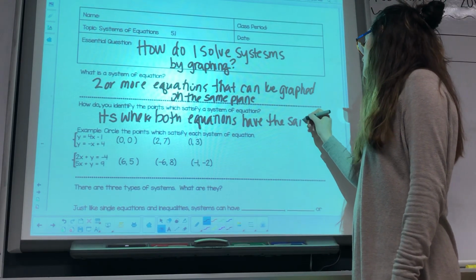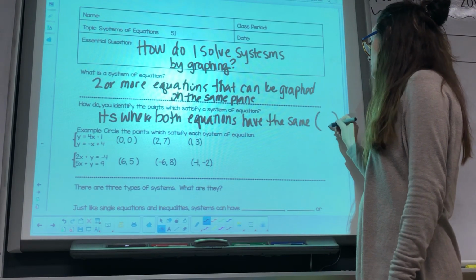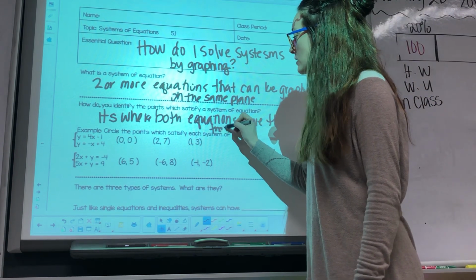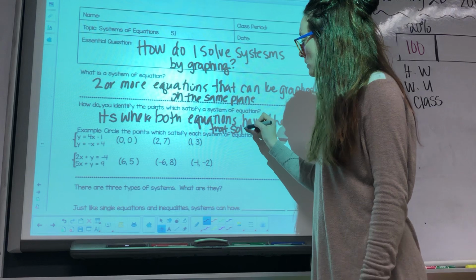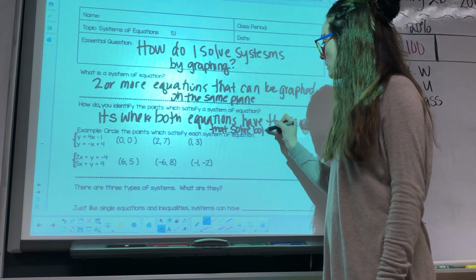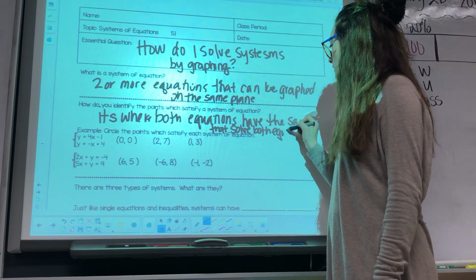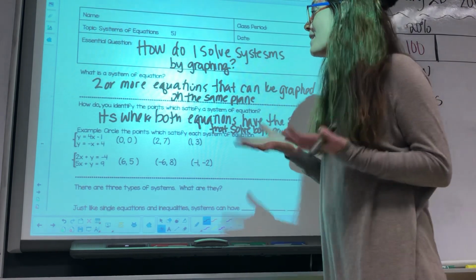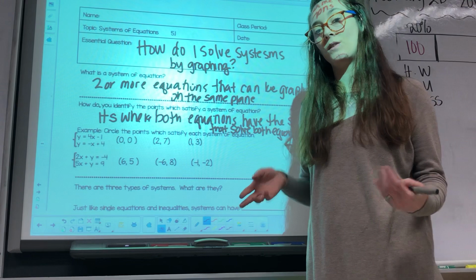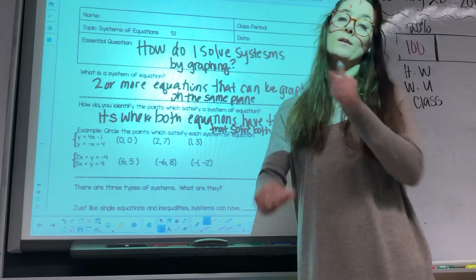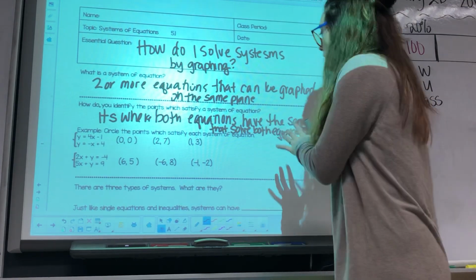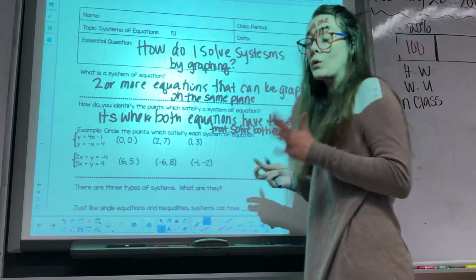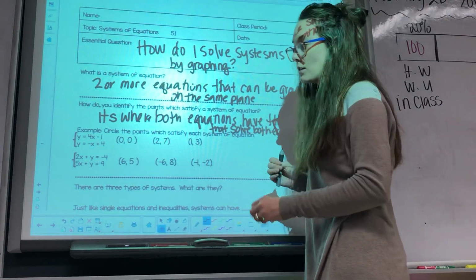The same, and I'm just gonna write ordered pair that solves both equations. Sorry, that got really smashed up there. But satisfying a system of equations is basically that ordered pair in which they meet, or the ordered pair that I can plug into both equations and both are gonna have satisfactory answers.